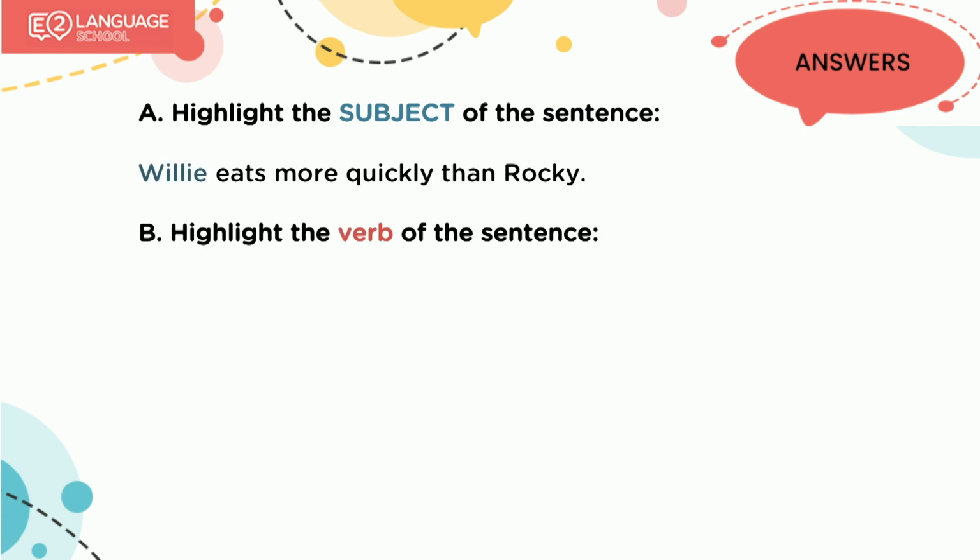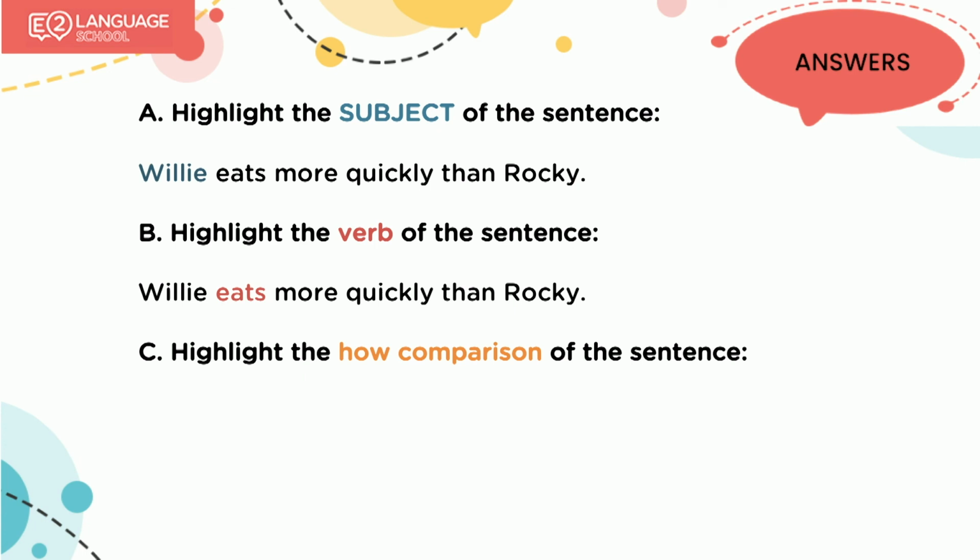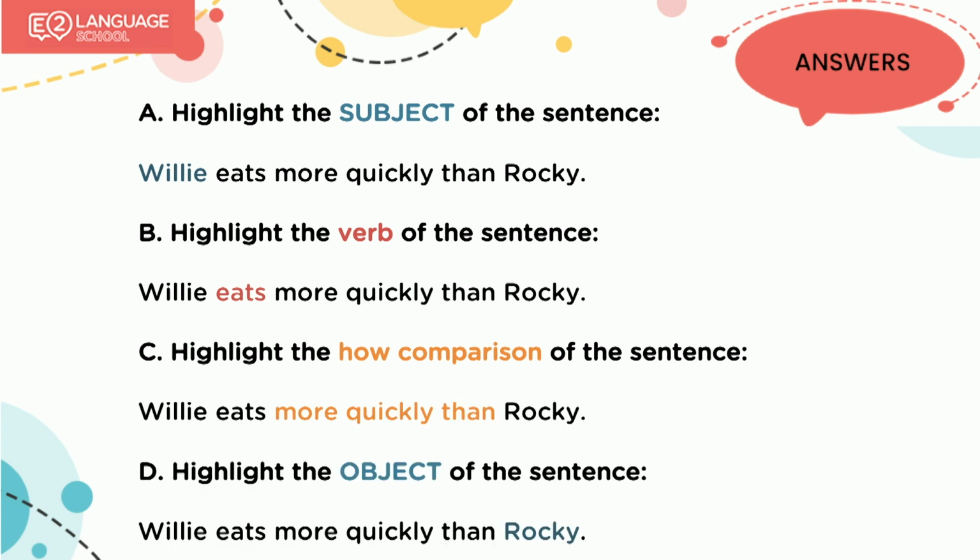The verb is eats. So we're going to be comparing the way Willie eats with somebody else. How comparison is more quickly than, and the object is Rocky. So Willie eats more quickly than Rocky. And the focus here is on the comparison of the way that they eat.